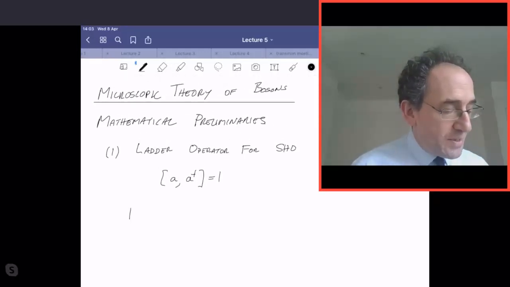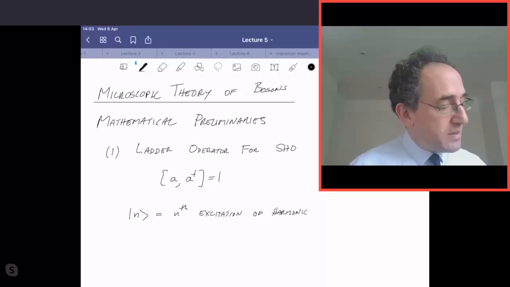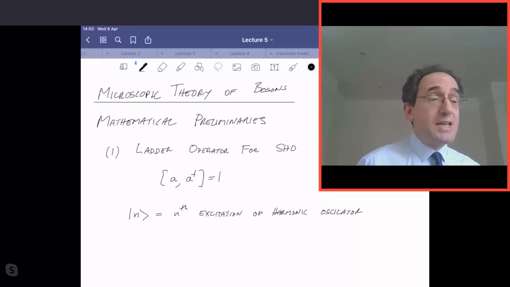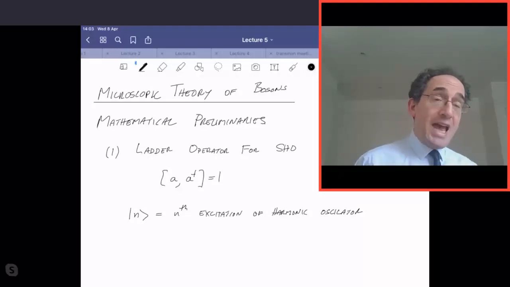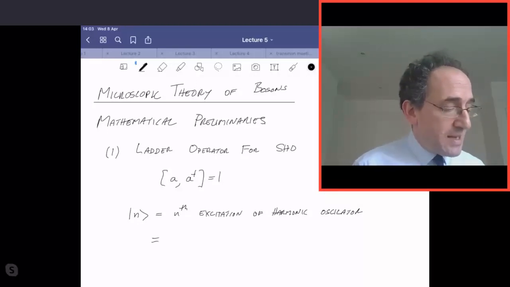We can write down states n, which are defined as the nth excitation of the harmonic oscillator, 0 being the ground state. And the magic of second quantization is that the nth excitation of a harmonic oscillator is exactly equivalent to saying there are n bosons in this orbital.